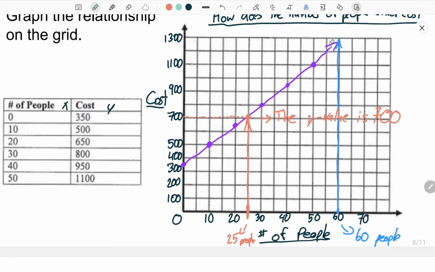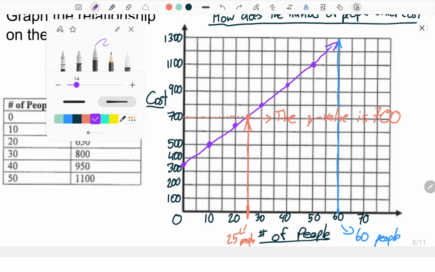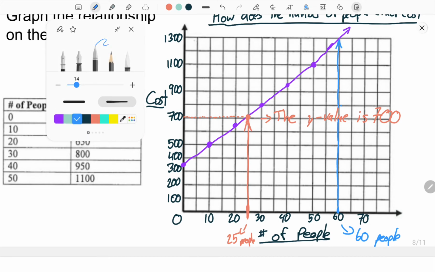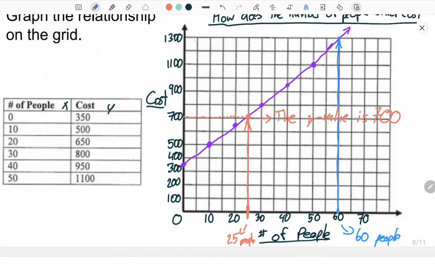So that purple line, we could just kind of keep it going. Oh, didn't mean to fully erase that. Let's go back. That purple line, we just want to see if it kept going, it would keep going up and up like that. And you can see the blue line hits right about there. So where would that be? That's just right at the top.